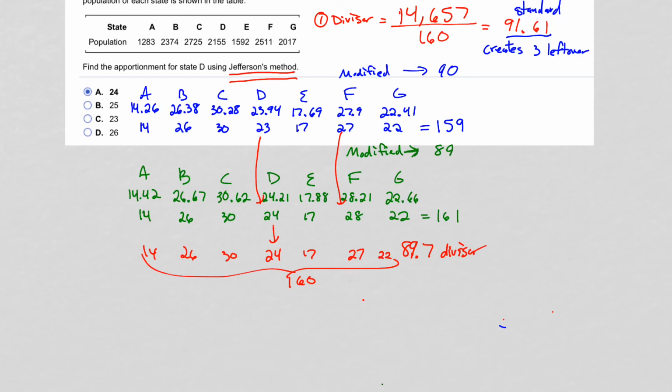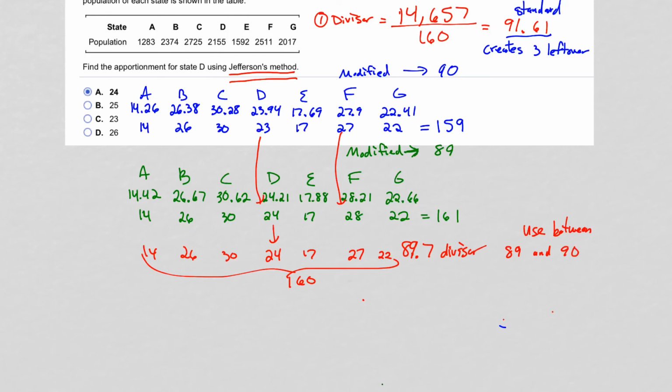So on the test, I'm going to have to give you a range. For example, instead of just guessing, I'm going to say, use numbers between 89 and 90.